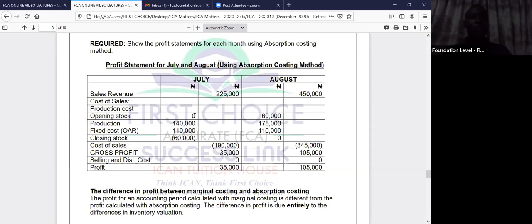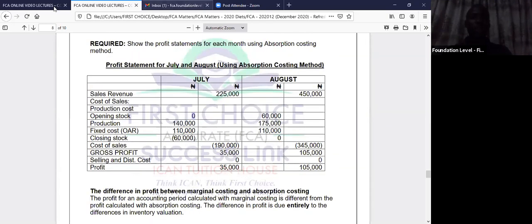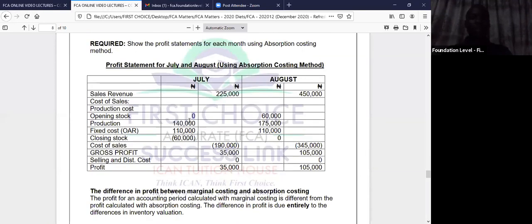This opening stock is valued at 120. You value it at 120. Okay, but here we have no opening stock, so your closing stock is valued at 120. So here it's valued at 120.